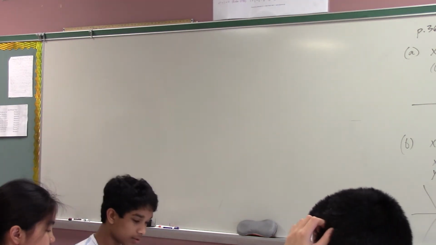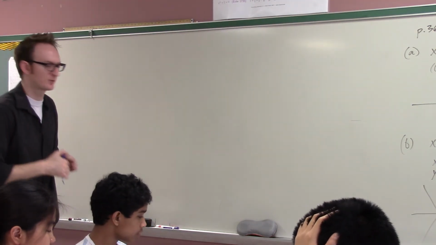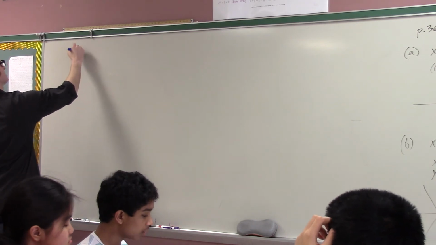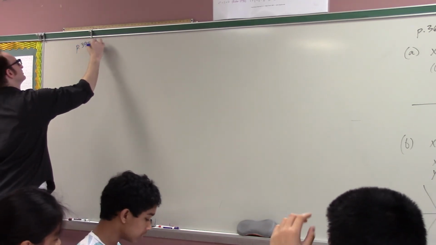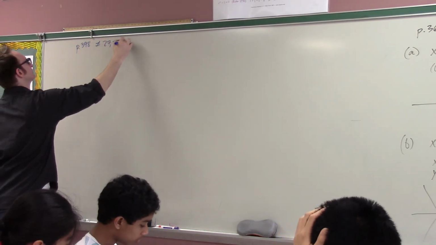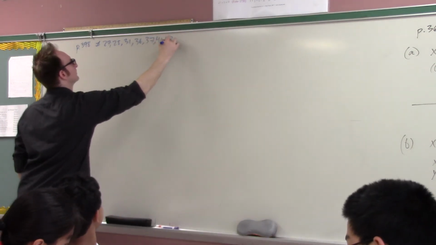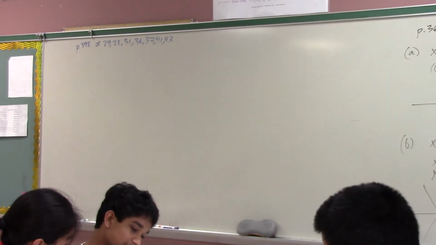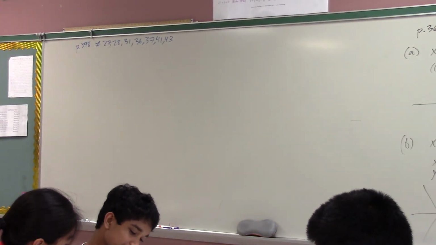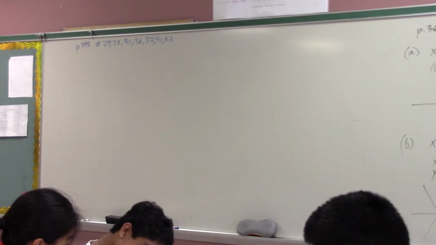It was like page 389, I want to say, or 398? 398, 27, 28, 31, 36, 37, 41, and 42. Can we pick 2 of these that you think are the most challenging or interesting, and we can do them really quick? Or maybe you guys found them all easy?